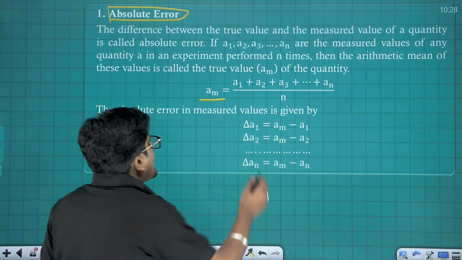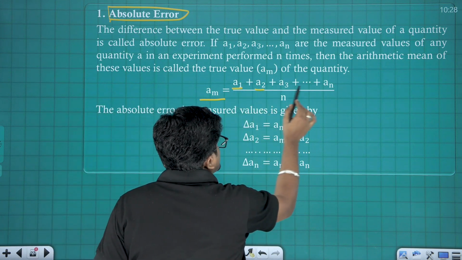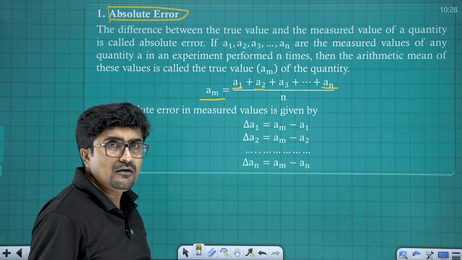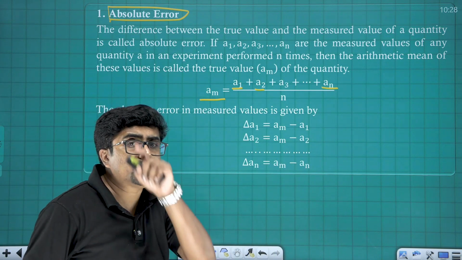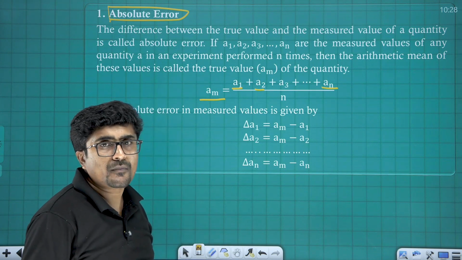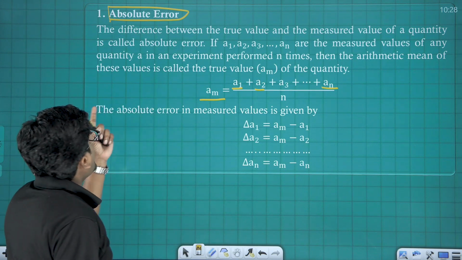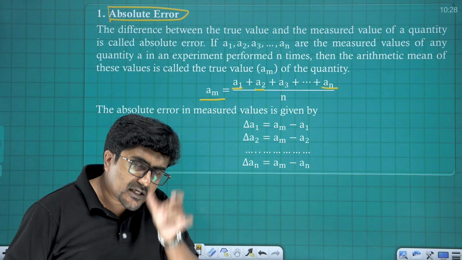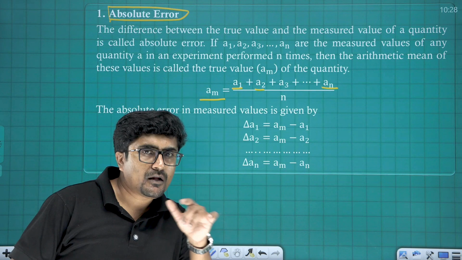So here I can have A1, A2, etc. up to An as n number of measurements. I told you if the true value is not given, the mean value is treated as the true value. The absolute error means the difference between the given measurement and the mean value.